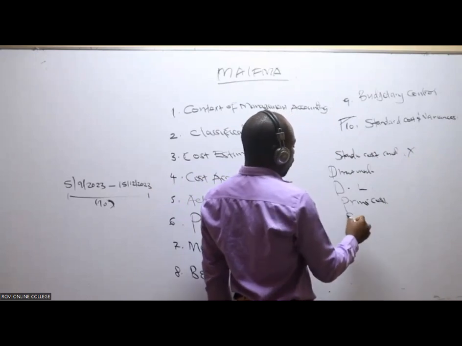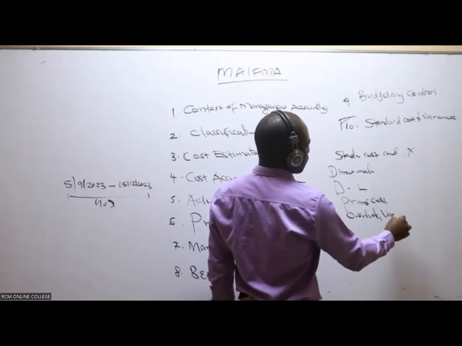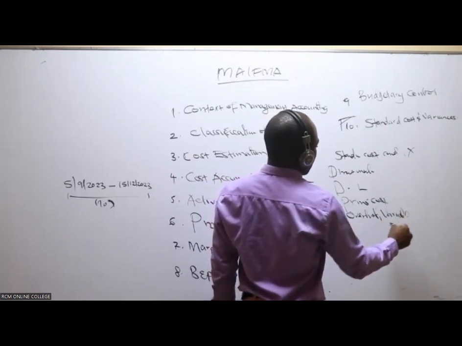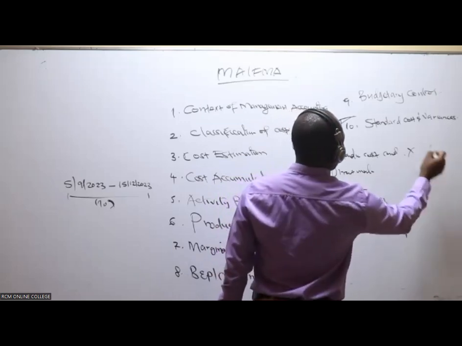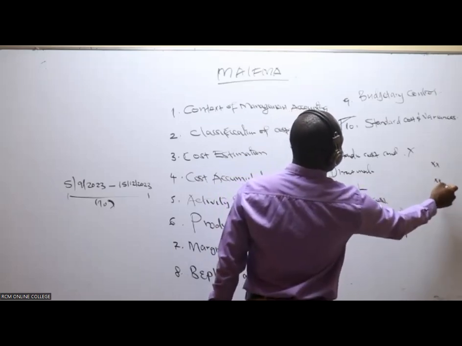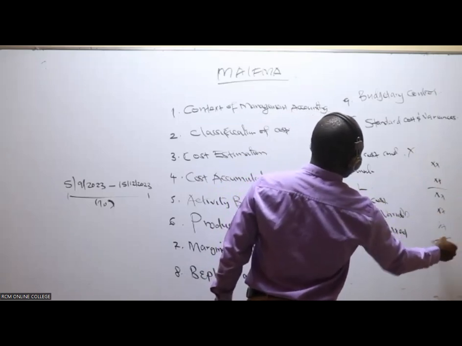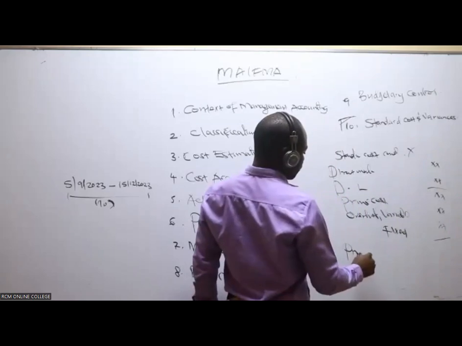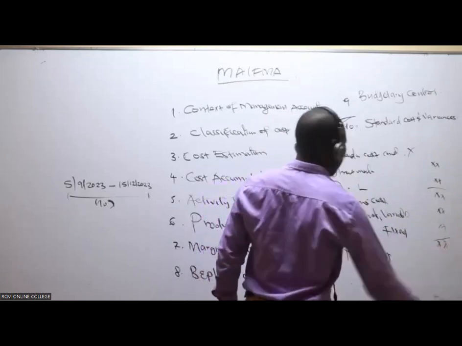Then you add overheads. These overheads, we have variable, we have fixed. So when you have your direct material per unit, you get your prime cost, variable cost, fixed cost. Then you're going to get what you call product cost. You have it there.